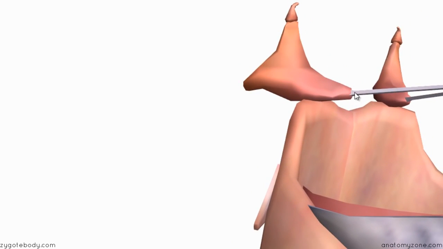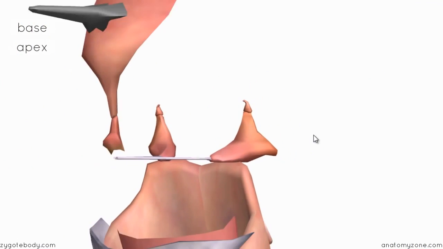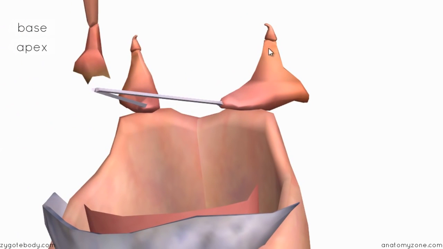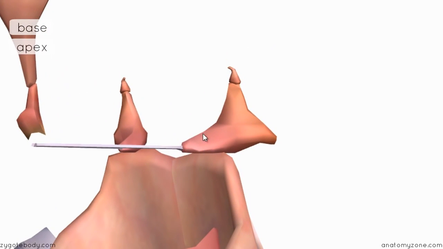So let's take a look at the arytenoid cartilage. So they've got this triangular shape, they've got a base which articulates with the cricoid cartilage, and the apex articulates with the horn-shaped corniculate cartilage. So you can see that the medial surfaces of the arytenoid cartilage face each other, and then you've got this anterolateral surface which has two depressions where muscles can attach and ligaments can attach, and you can see this obvious process pointing out here.